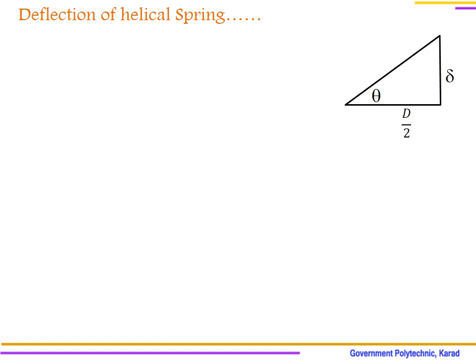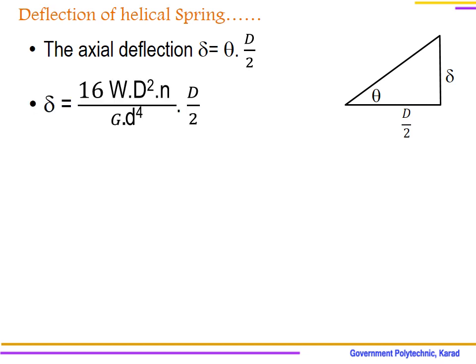When angular displacement occurs, the linear displacement, or axial displacement, also occurs, and the horizontal distance is d by 2. Let us correlate that. Delta can be given as theta d by 2. So we take tan theta equal to delta upon d by 2, and we find delta is equal to theta multiplied by d by 2.